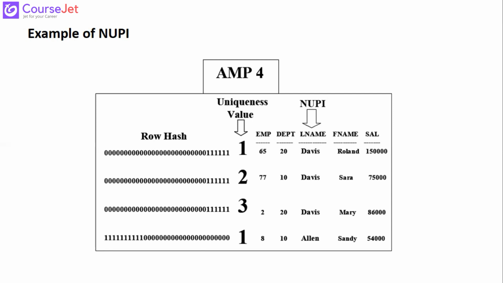Some AMPs will have more records. If you see here, this AMP4 contains almost 3 rows of Davis. Only some AMPs will have the records, depending on the row hash value.